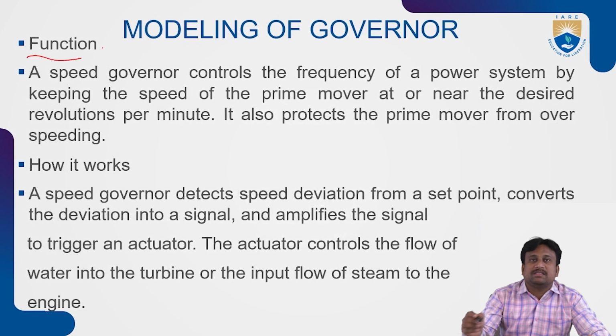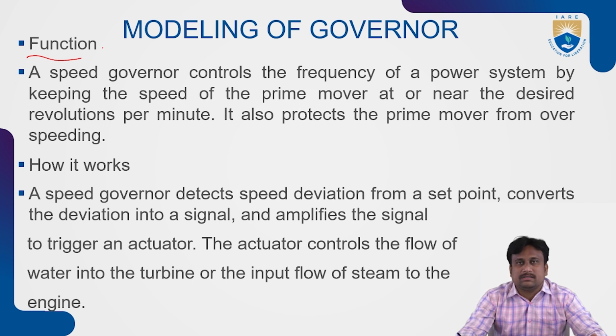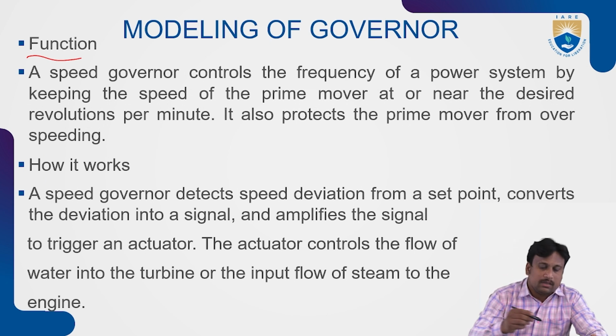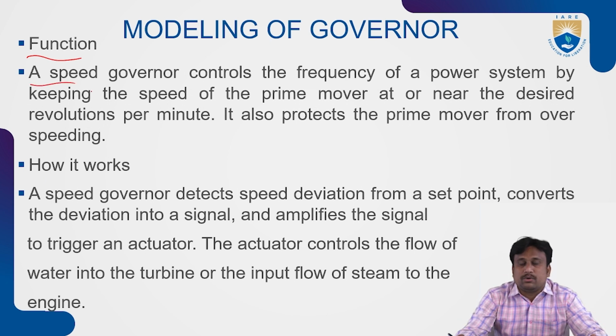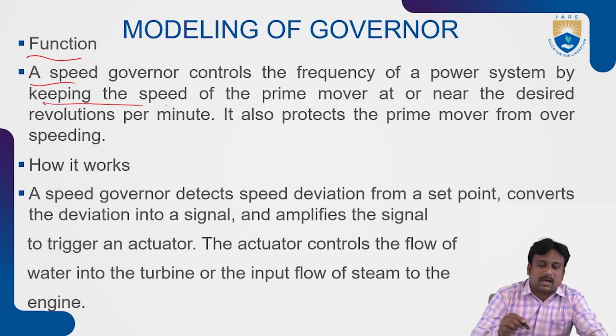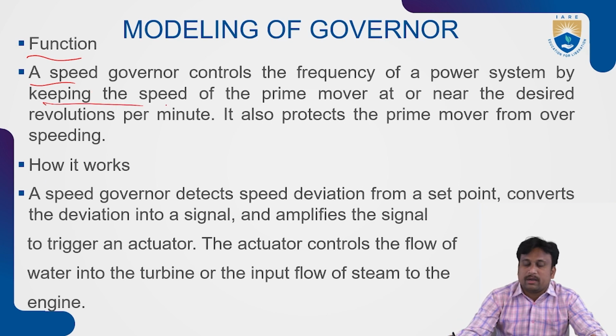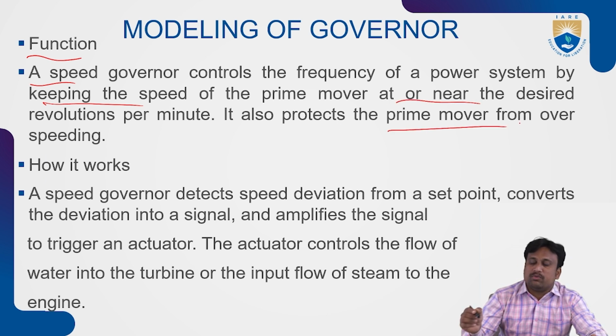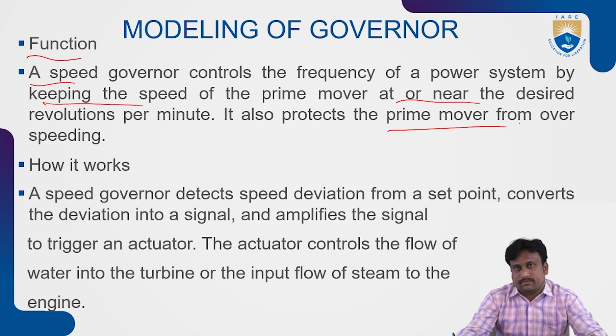So what are the functionalities of the governor mechanism or governor system? A speed governor controls the frequency of a power system by keeping the speed of the prime mover at or near the desired revolutions per minute. It also protects the prime mover from overspeeding.